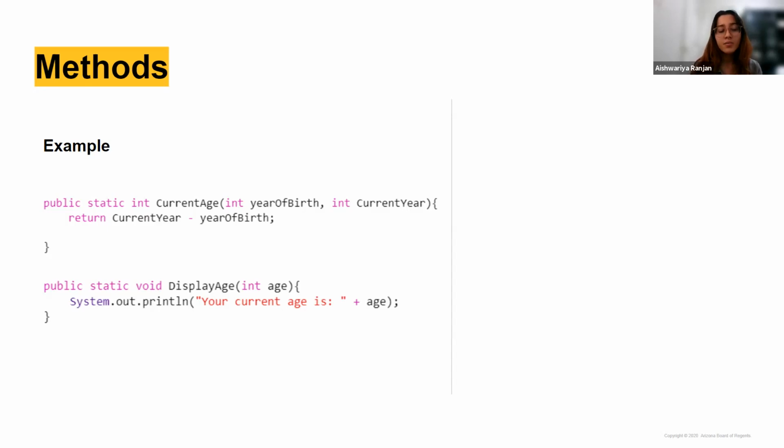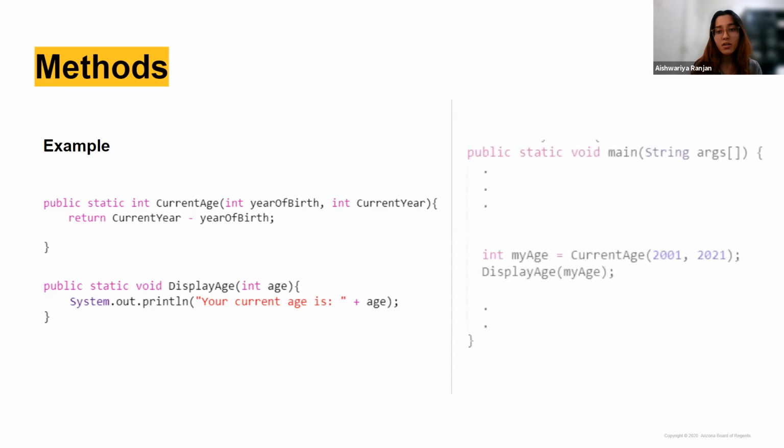So to see how this would be called in the main, we have this. Okay. So this is your main. You might have some other code at the start. But when you call this, I have a variable int myAge equal to whatever this method is going to return back to me.